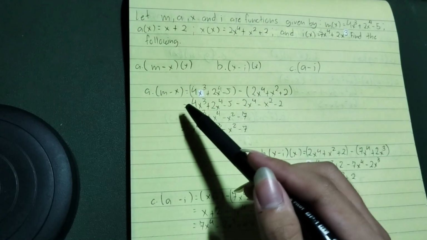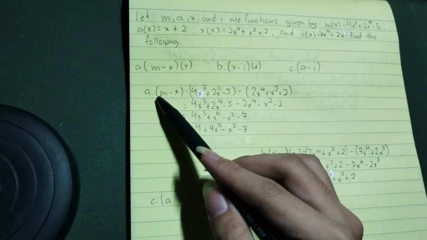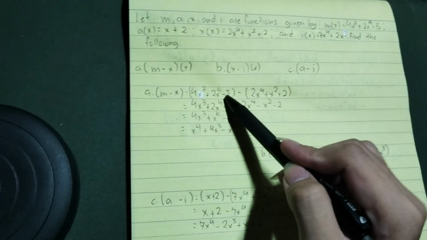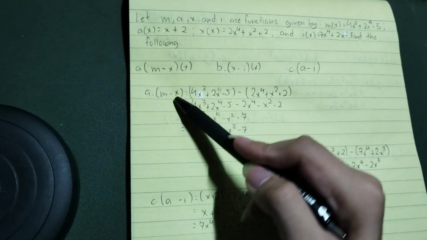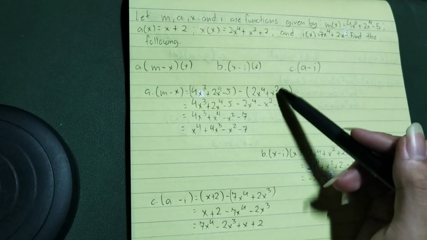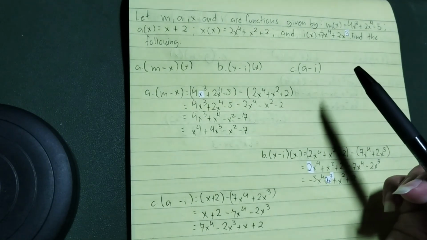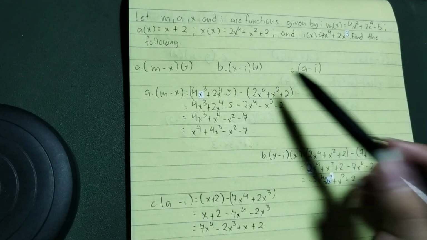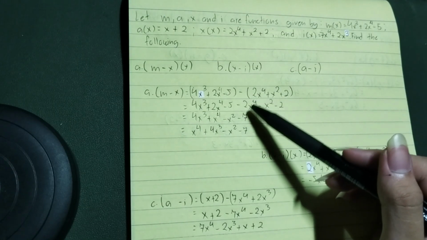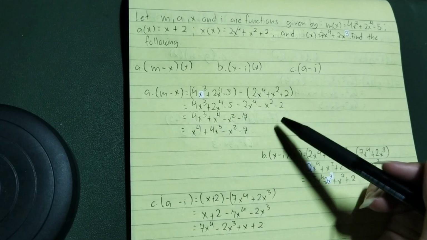Again, just substitute the values. The value of m is 4x raised to 3 plus 2x raised to 4 minus 5. And then the value of x, which is 2x raised to 4 plus x raised to 2 plus 2. Again, distribute the negative sign or minus, so that will give us negative 2x raised to 4 minus x raised to 2 minus 2.